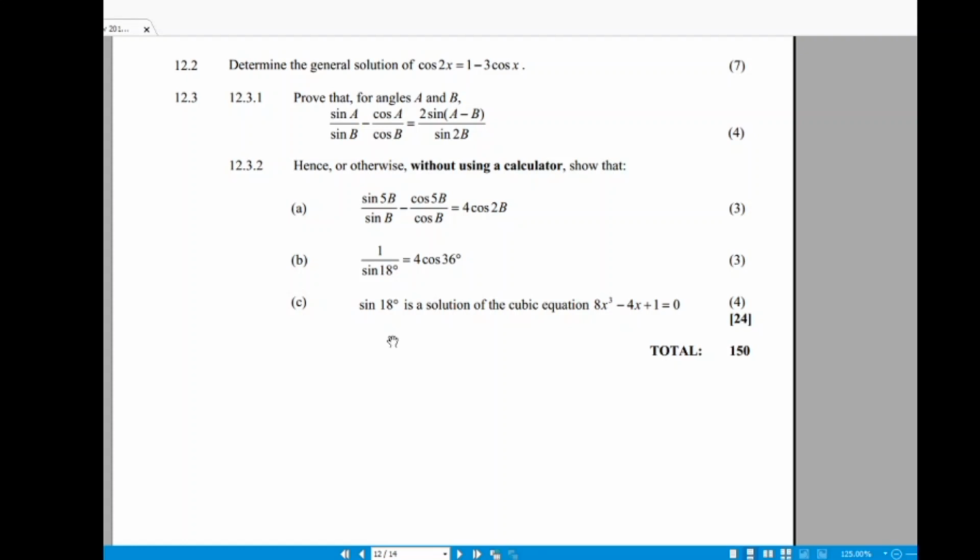Now question C, show that sine 18 degrees is a solution of the cubic equation. Now, this cubic equation could seem as if sine 18 degrees is not in any way related to this equation, but then let us solve it.